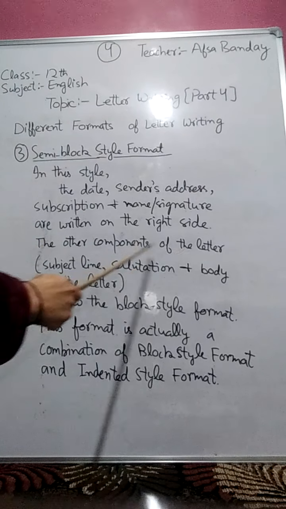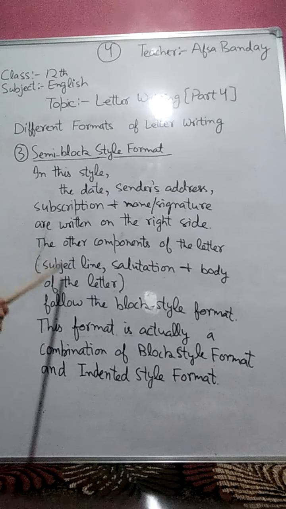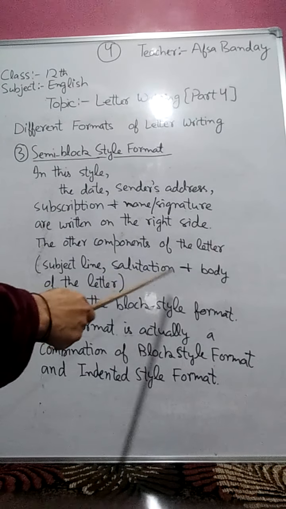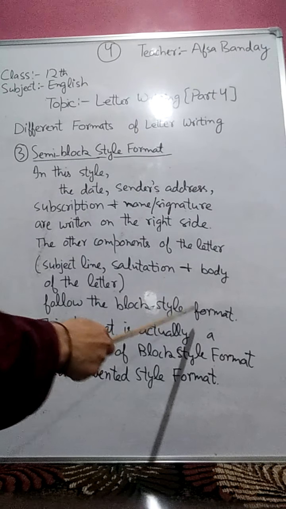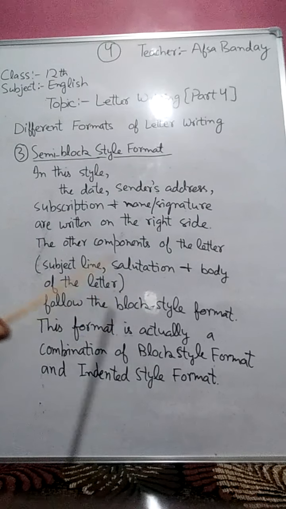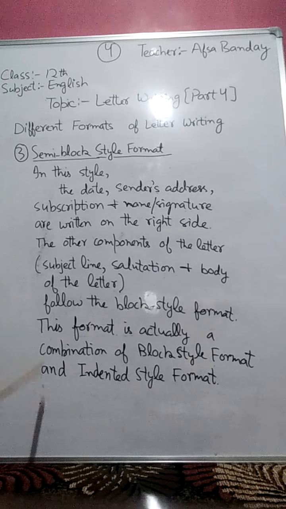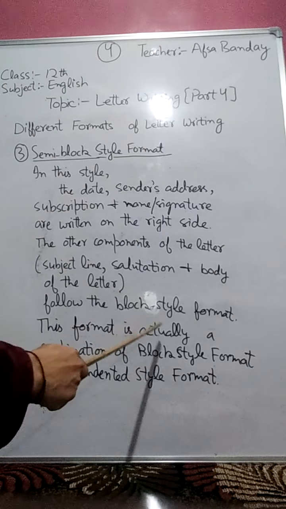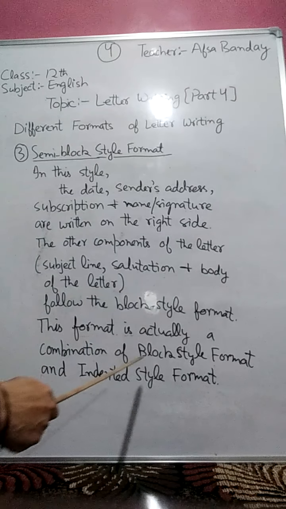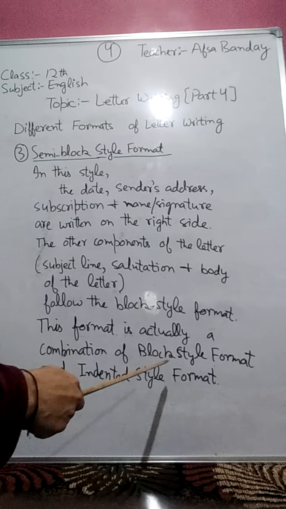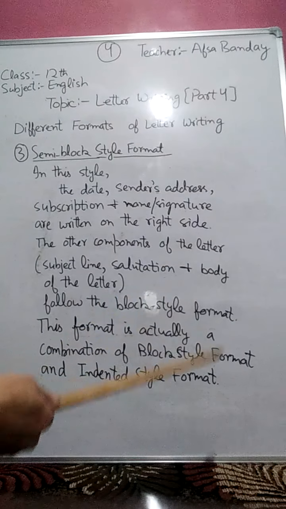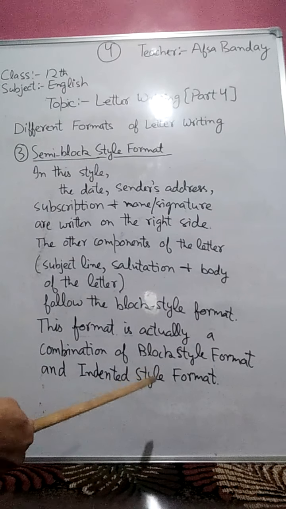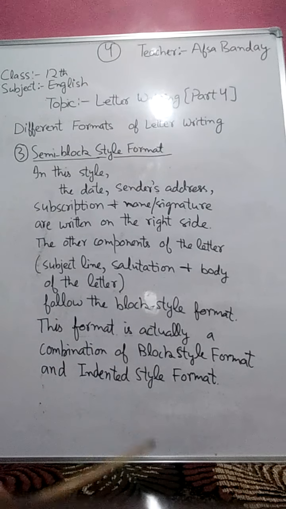The other components of the letter, that is subject line, salutation, and body of the letter, follow the block style format. That means they are written on the left side of the letter. This format is actually a combination of block style format and indented style format. I will illustrate it with an example.